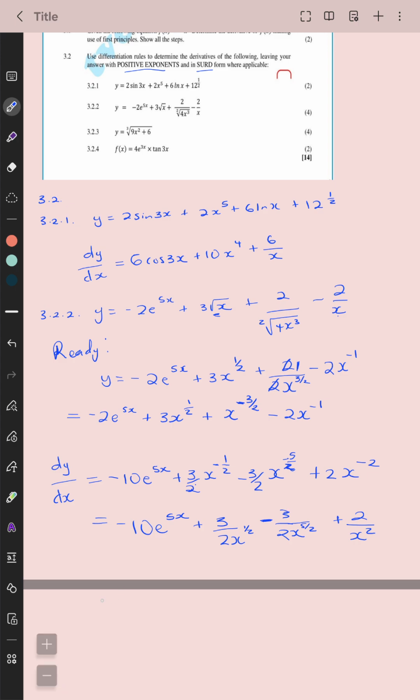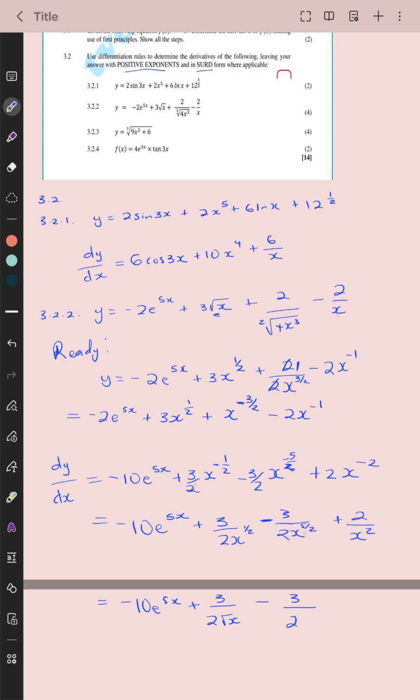Now we need to change all the fractional exponents, or go back to surd form rather. x power half is the root of x, minus 3 over 2.